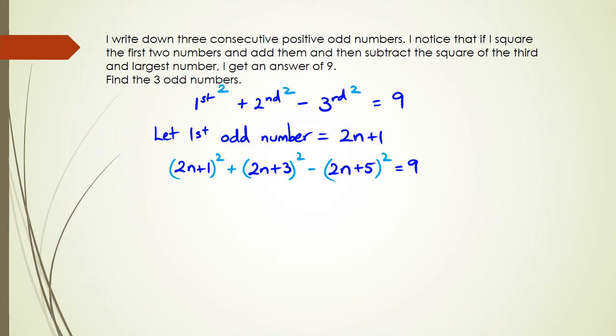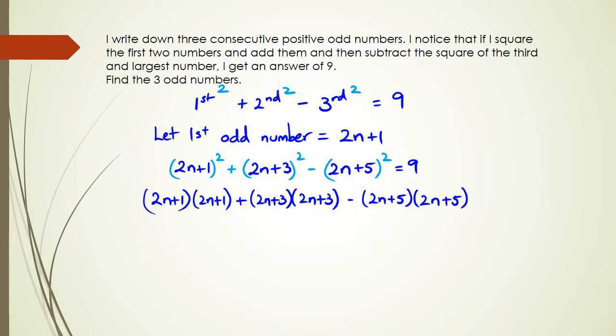Now I need to expand this equation, bring in all the common factors and rearrange. Well, factorize, I think. So what we have is (2n plus 1) multiplied by (2n plus 1), plus (2n plus 3) multiplied by (2n plus 3), minus (2n plus 5) multiplied by (2n plus 5), and this is equal to 9.